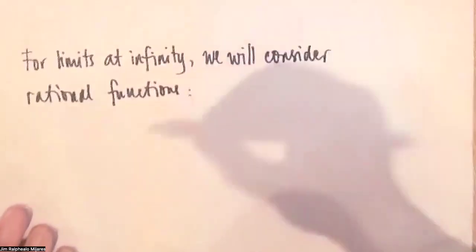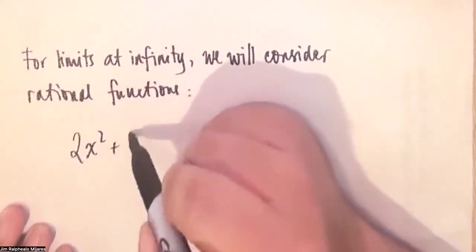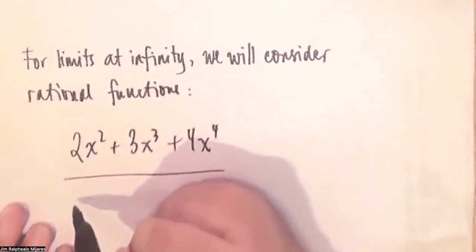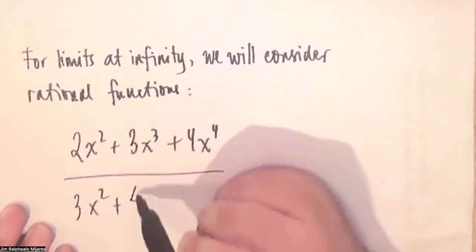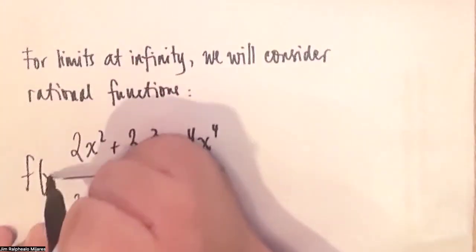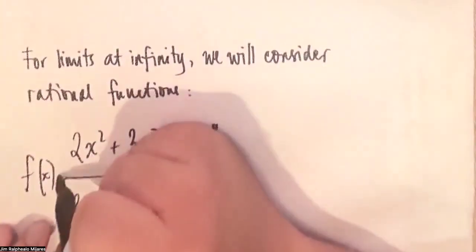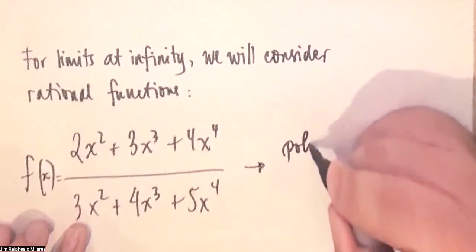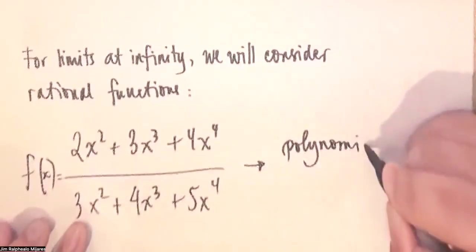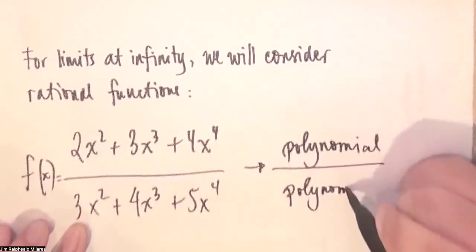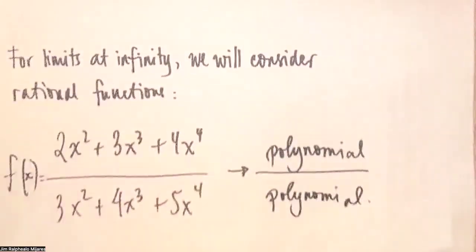Meaning functions that look like this: 2x squared plus 3x cubed plus 4x to the fourth over 3x squared plus 4x cubed plus 5x to the fourth. Okay? These are the types of functions that we're going to look at. It's a polynomial over a polynomial.